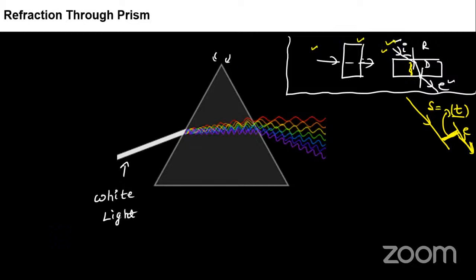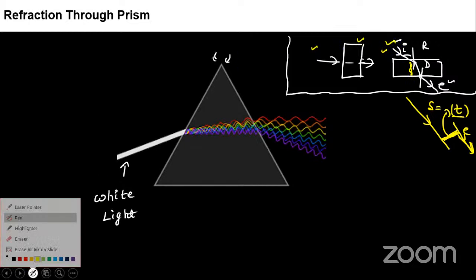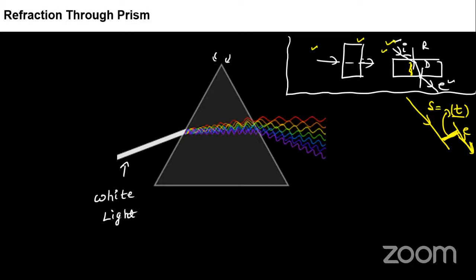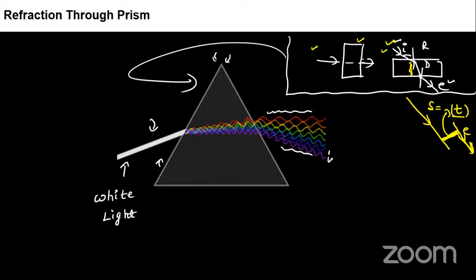But if you take the case of the prism in front of you, you can see this white light is dispersed by the prism into 7 colors in front of you. And what is a prism?